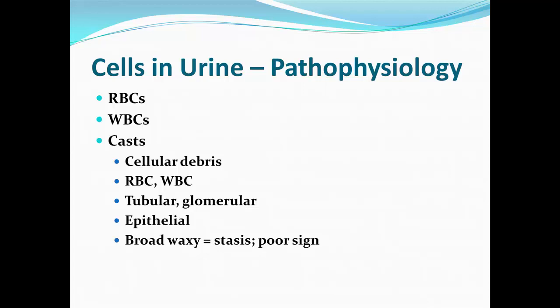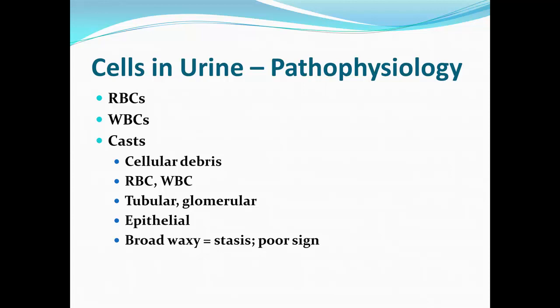With white blood cells, that's the one we probably know the best, because white blood cells in the urine make us think about a urinary tract infection. Because remember, this renal pathophysiology, we're talking mostly about renal, but we also have to talk a little bit about urology, which we will do as we talk about disorders.